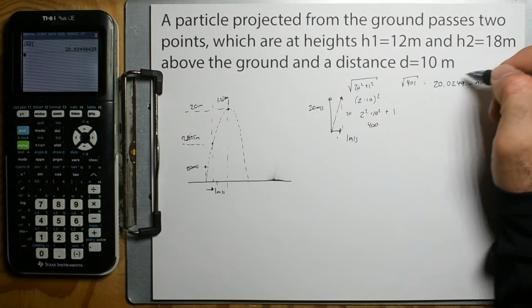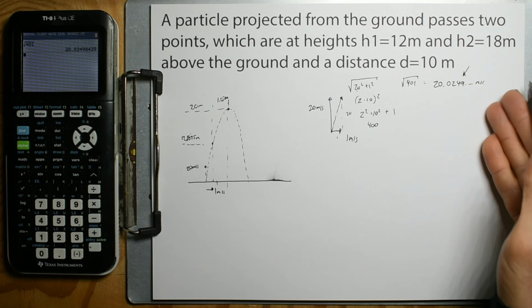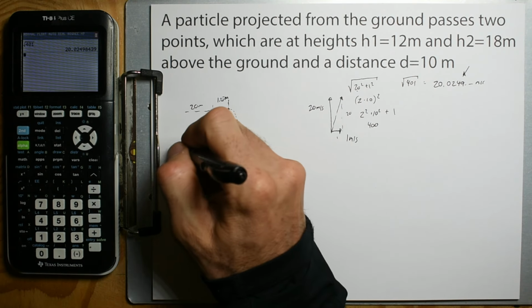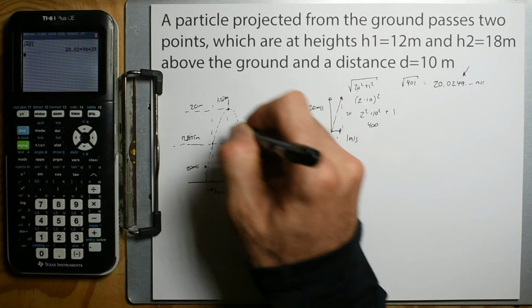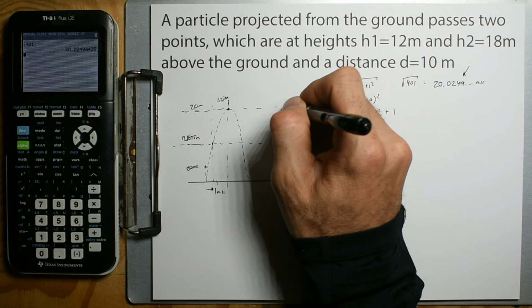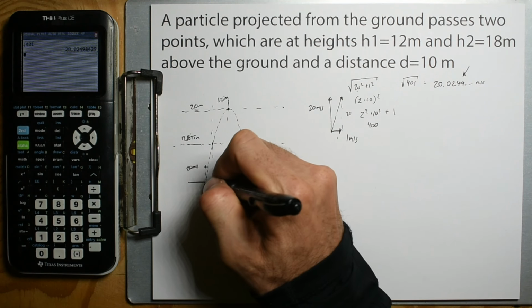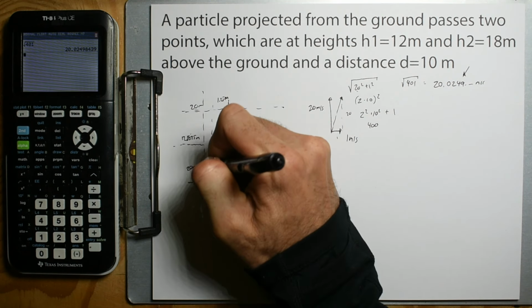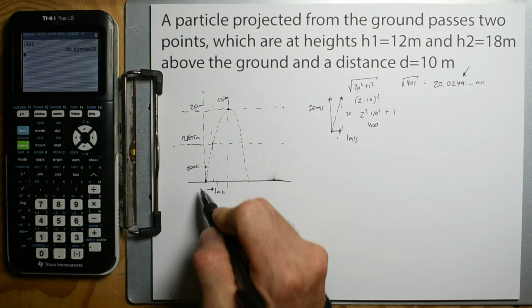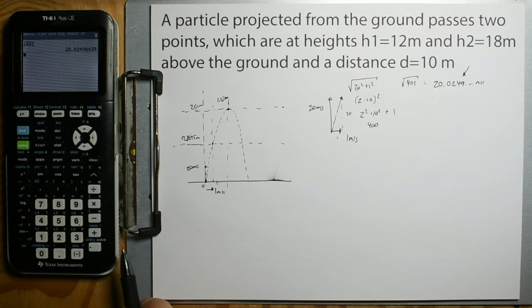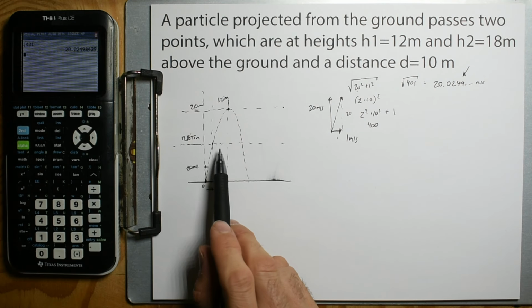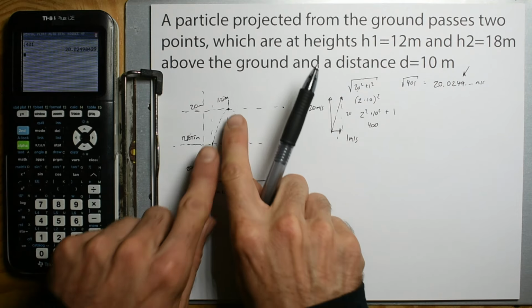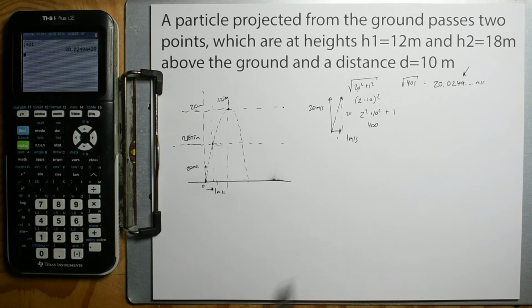Now the question is, can we reduce this and still hit both these points? You know what I mean? Both points have to be at these elevations. And if this is our starting position where we're going to launch the projectile, at the origin, the thing that can vary is the distance that these 2 points can be over.